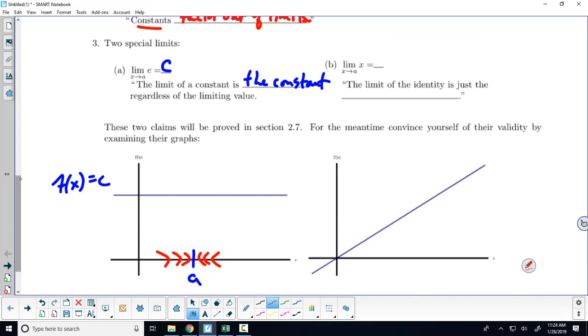The next one is the limit of the identity function x as x approaches a is just the limiting value a. So the limit of the identity is just the limiting value.